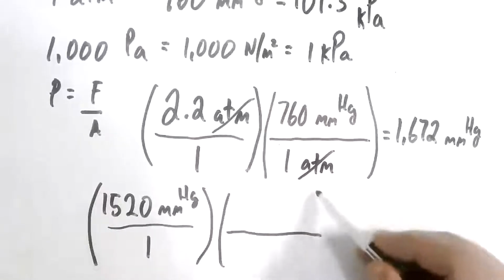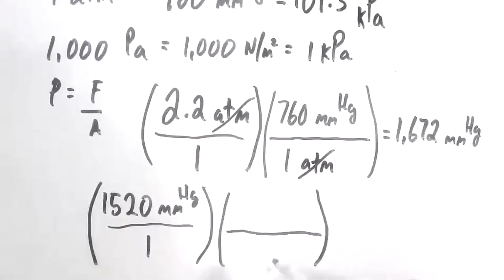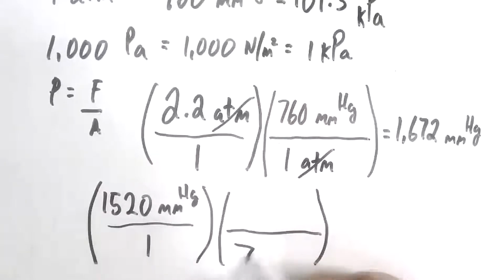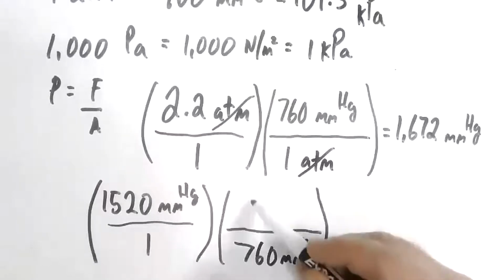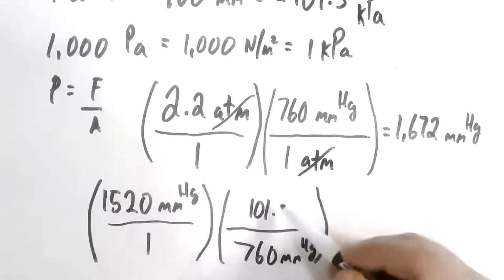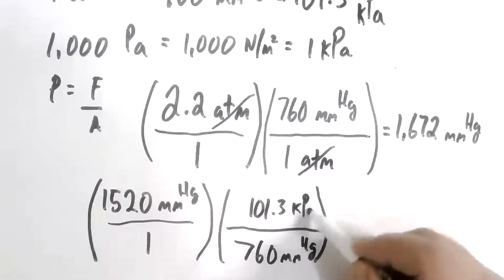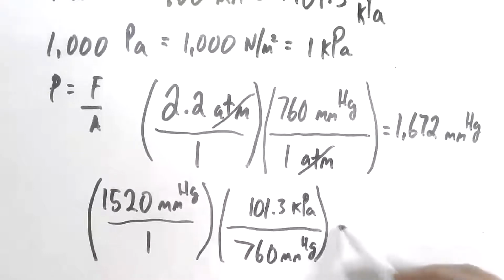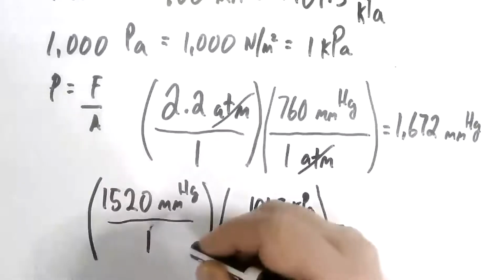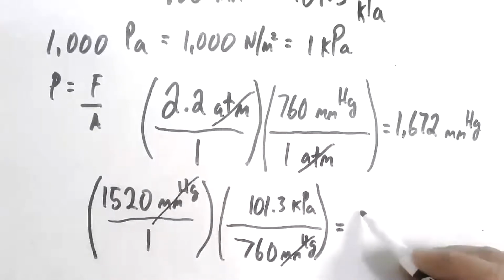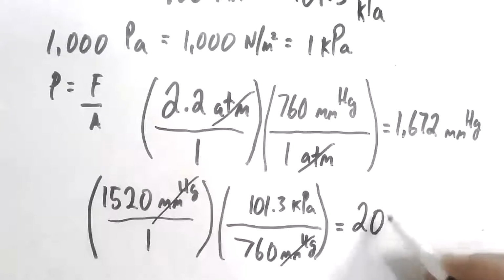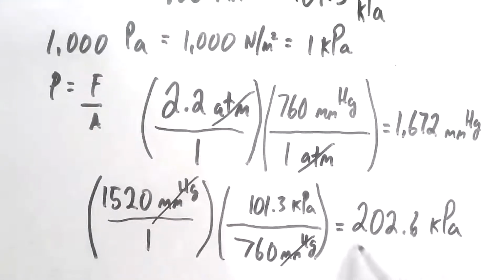Our conversion factor says that for every 760 millimeters of mercury, there would be 101.3 kilopascals. So the millimeters of mercury cancel out because of the position we chose. If we do the math, we discover that this is 202.6 kilopascals, and that would be a very unpleasant pressure indeed.